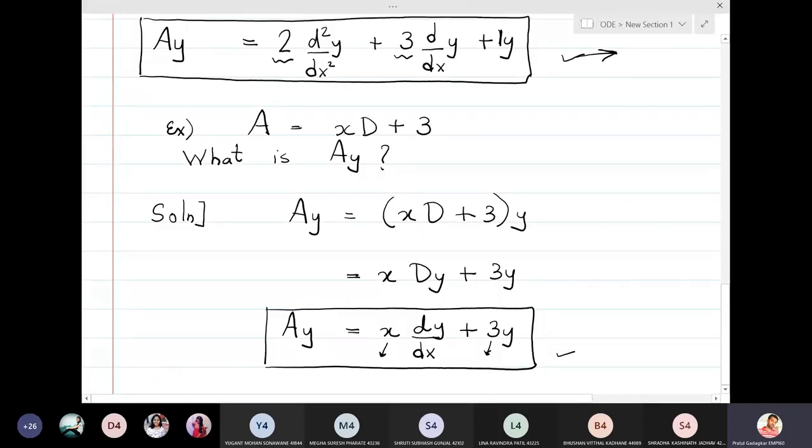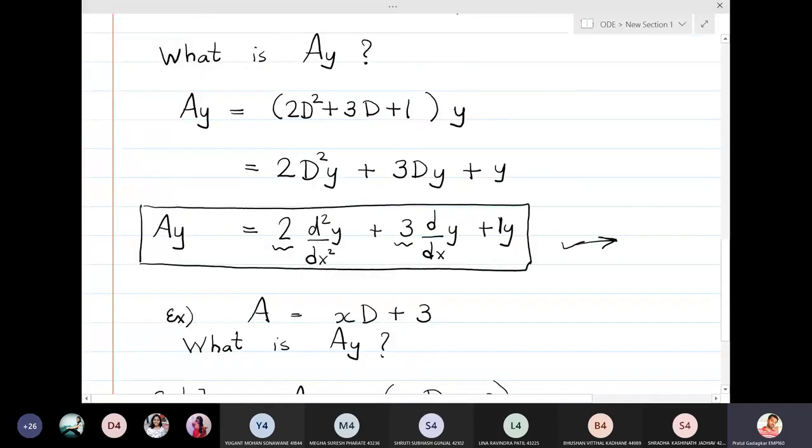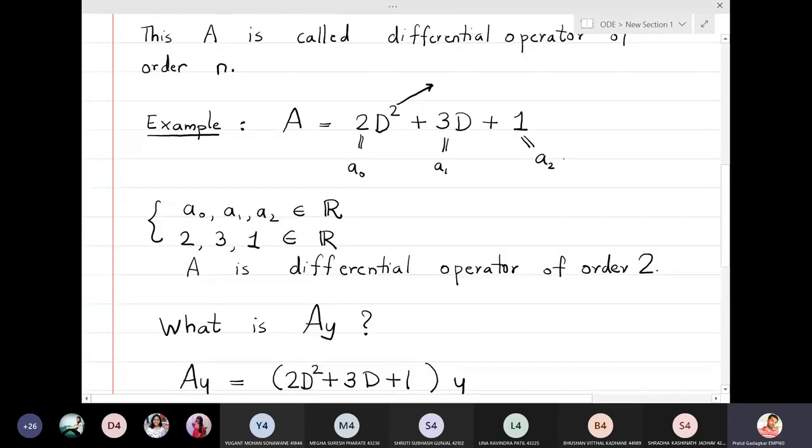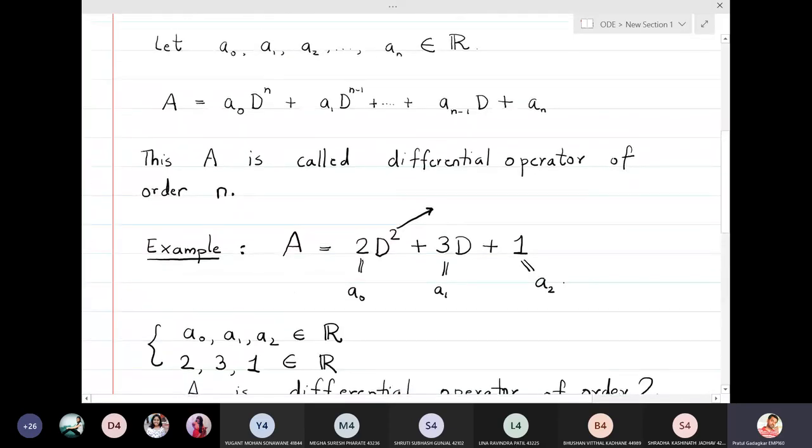Basically what we have defined above is this: if we take all the coefficients as constant real numbers, then this A is called a differential operator of order n with constant coefficients, because a naught, a1, up to an are all constants.